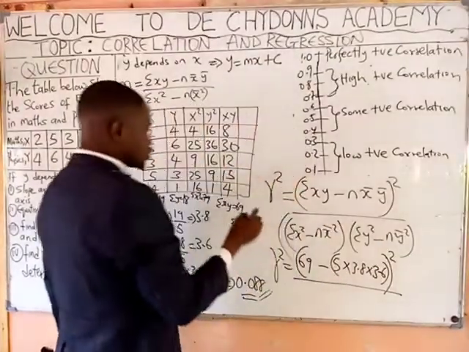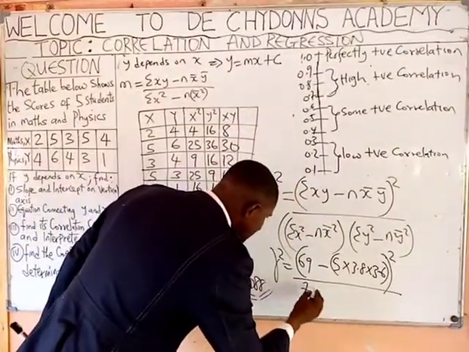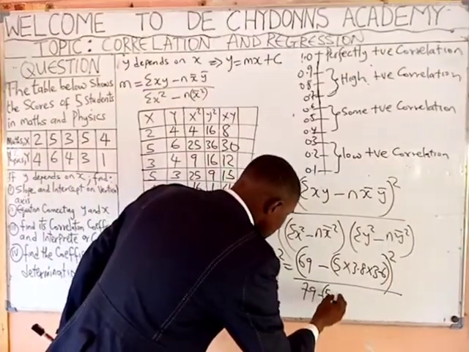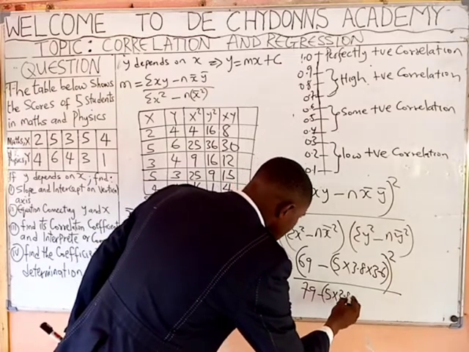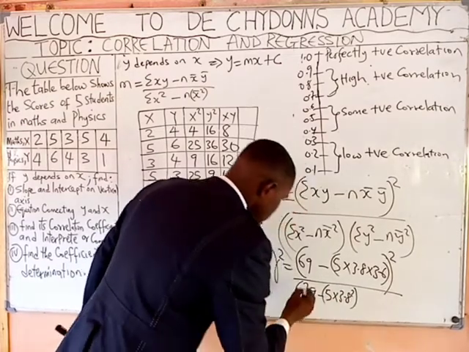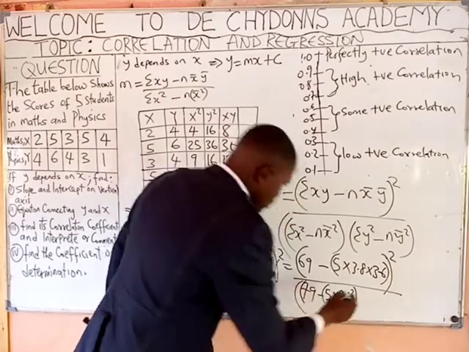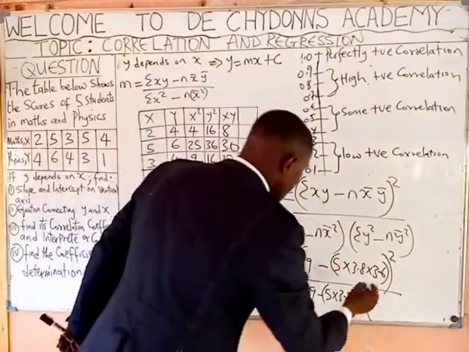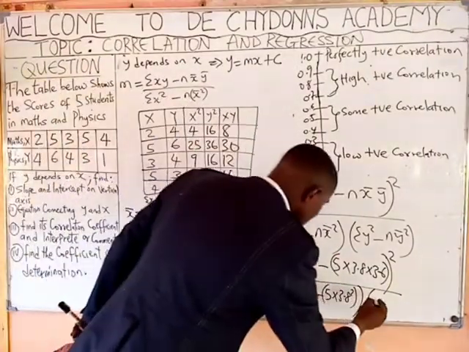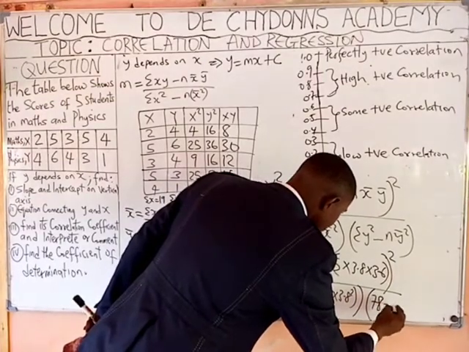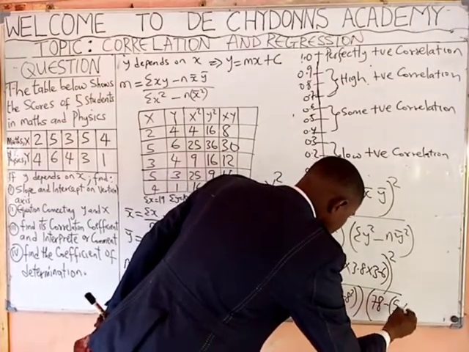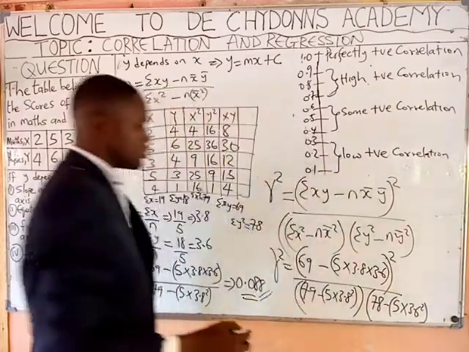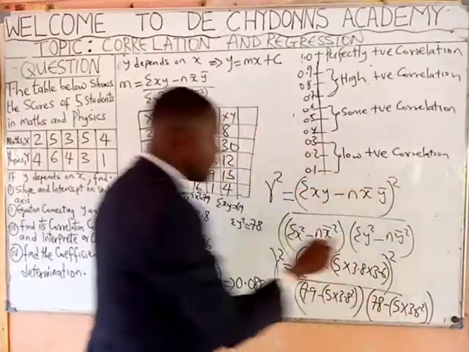All over summation of x squared is 79, then minus 5 times 3.8 squared. Then bracket, you now say summation of y squared is 78 minus 5 times 3.6 squared. You can see how I package everything.